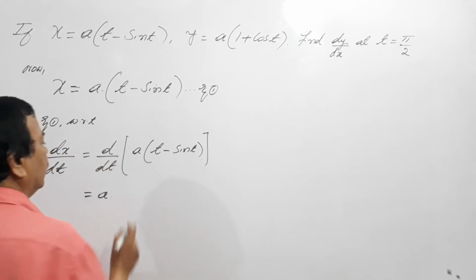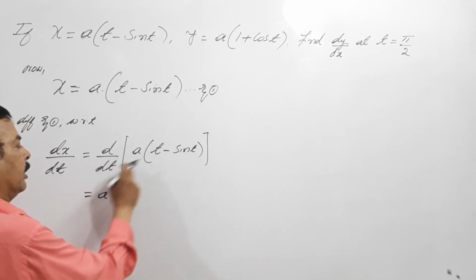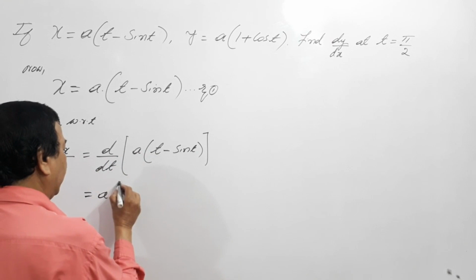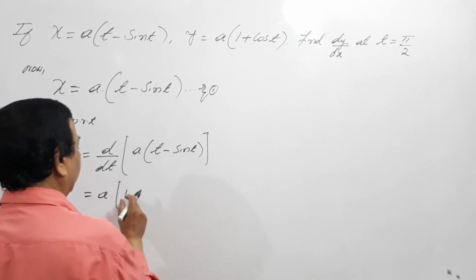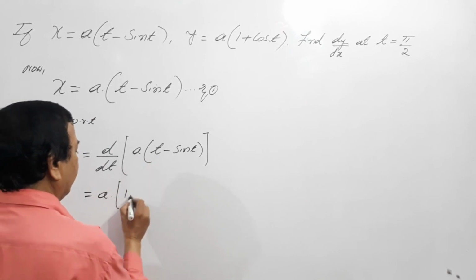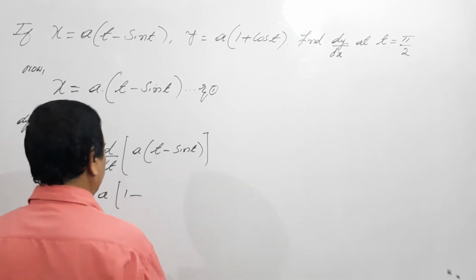A into d by dt of t is 1, and if you differentiate sin t, it becomes cos t.